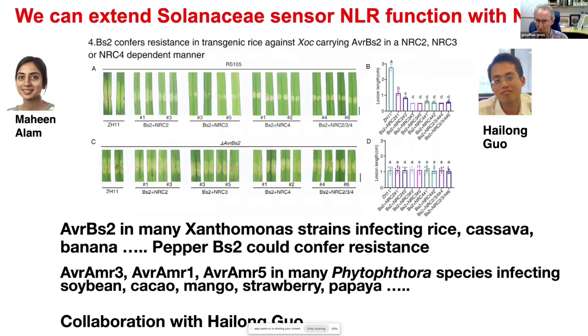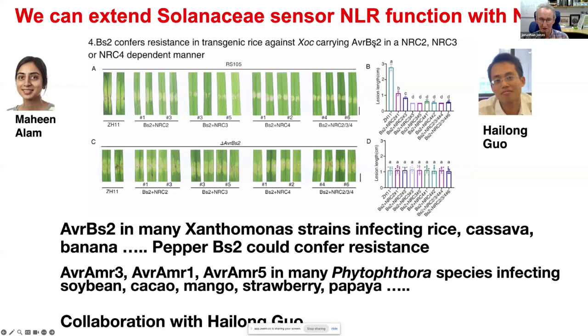So this is in press, but there's a collaboration with Hailong Guo, and he's achieved the most spectacular illustration of this. Maheen in my lab has been advancing work on Arabidopsis, which is in the paper. So here's a rice variety that is susceptible to Xanthomonas strain XOC.